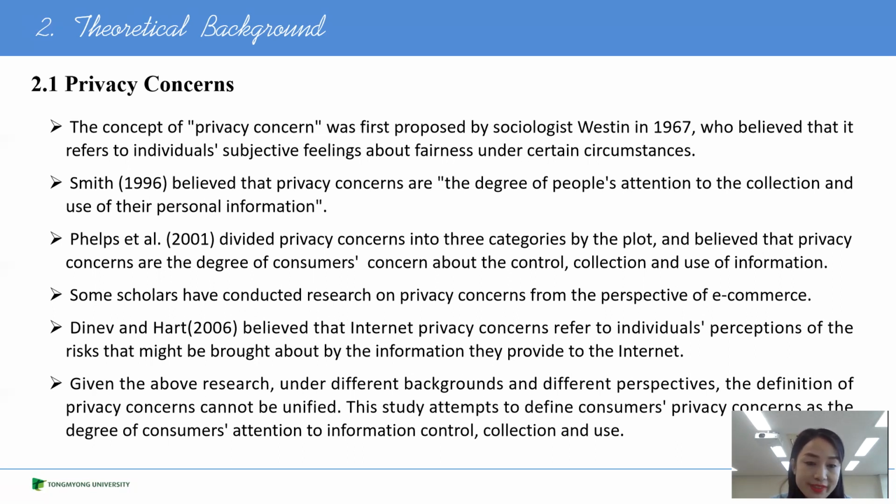Given the above research, under different backgrounds and different perspectives, the definition of privacy concerns can't be unified. This study attempts to define consumers' privacy concerns as the degree of consumer attention to information control, collection, and use.